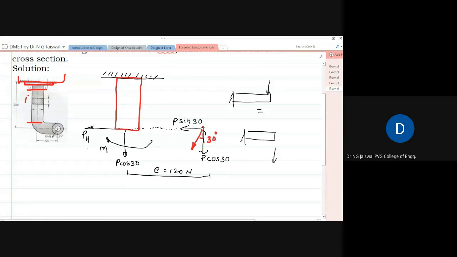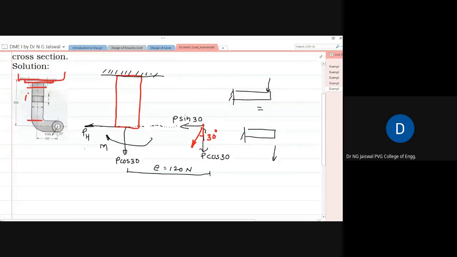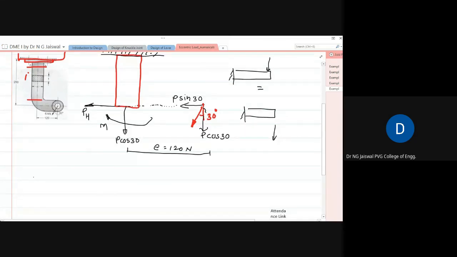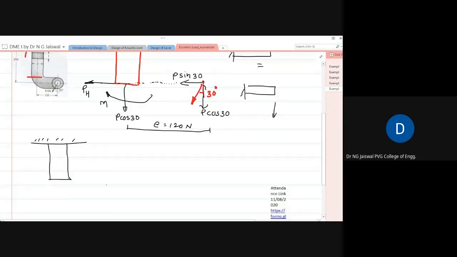Now, if you see the effect of this, what is the effect of PH? If I ask you that question, what is the effect of PH?